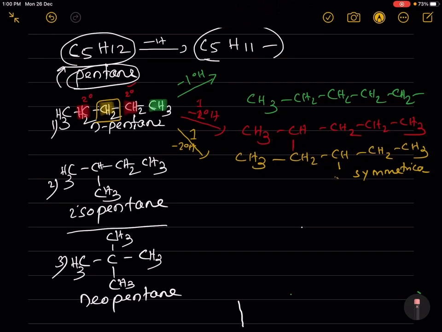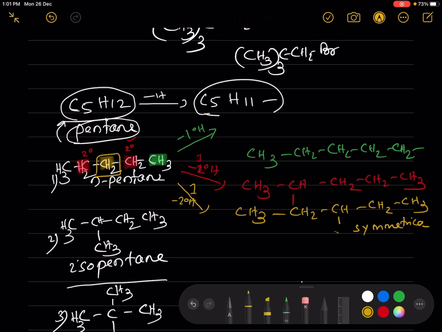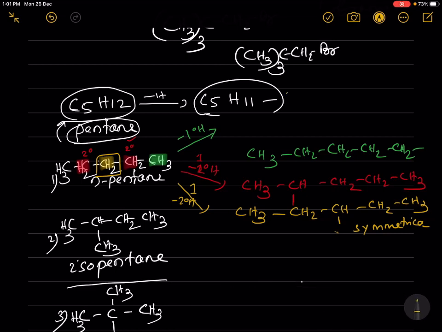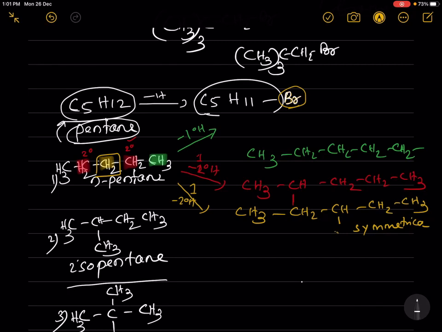But here we are going to write the structure of haloalkane. So if bromine is a halogen atom, then we can write this bromine over here, over here, over here. It means you have removed a primary hydrogen atom and a bromine is substituting that hydrogen atom.